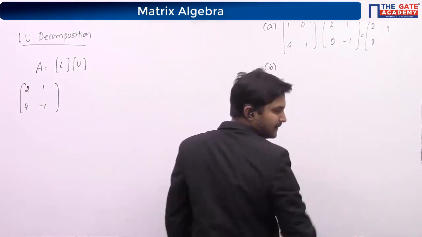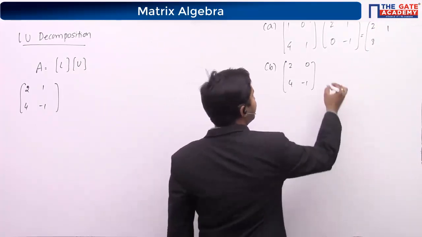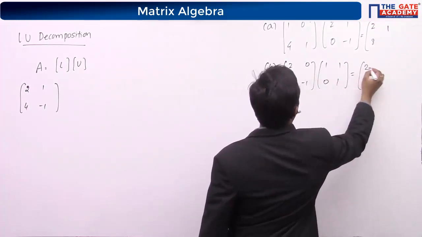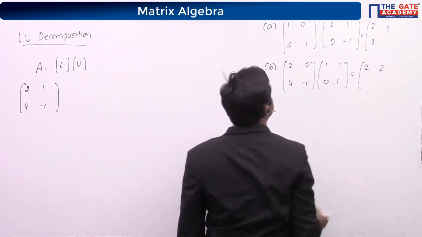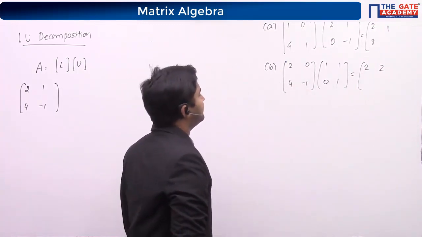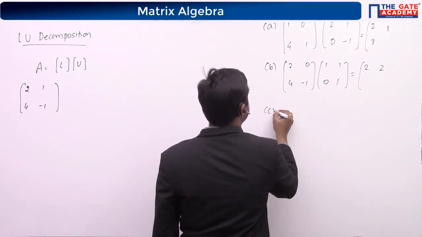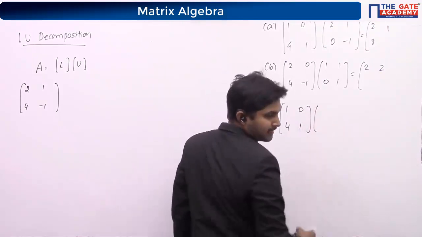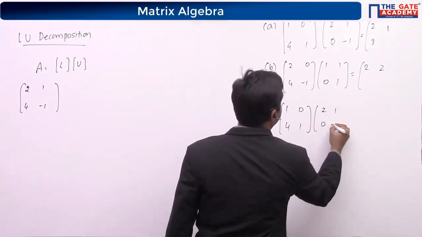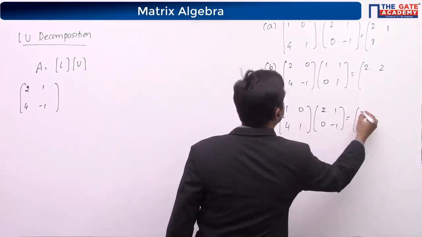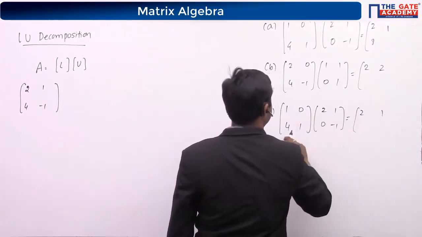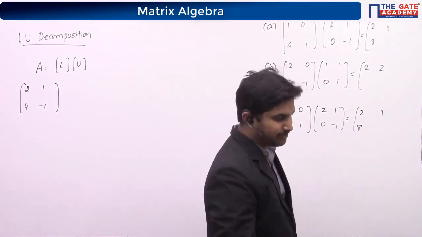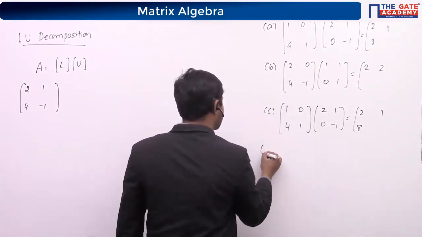Option B, let us go for that: 2, 0, 4, minus 1 followed by 1, 1, 0, 1. 2 here, 2 here. So I think we can eliminate this one as well. Option C: 1, 0, 4, 1 multiplied by 2, 1, 0, minus 1, which gives 2, 1 and 8. In fact, if you observe, option A and option C are the same, with perhaps some plus or minus difference.